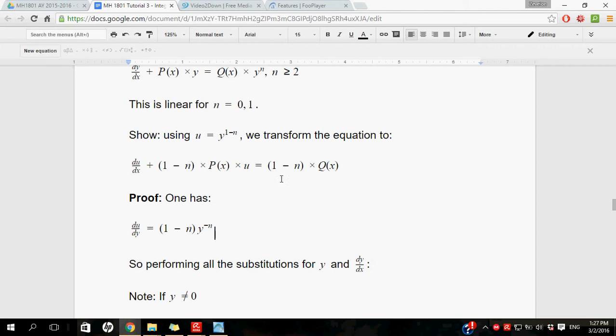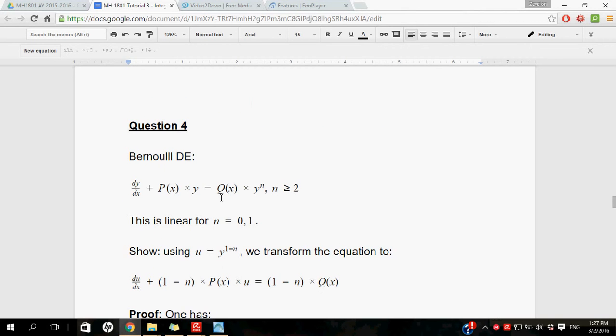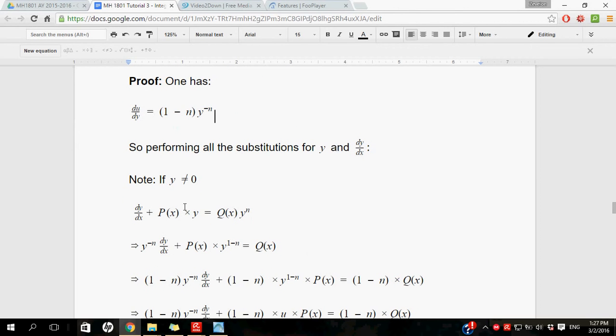Okay, what we want is this. On the right hand side, I have (1-n)q(x). But on the right hand side in my original differential equation, I have y to the n. So I need to get rid of it. I should divide throughout my differential equation by y to the n, and that is what I can do, provided that I assume that y is not equal to 0.